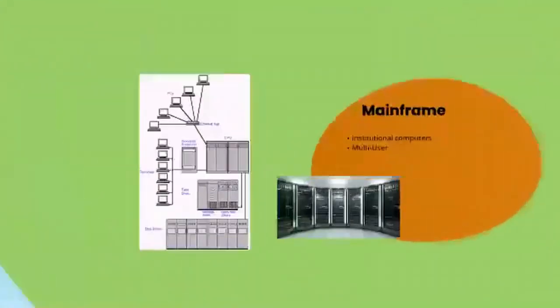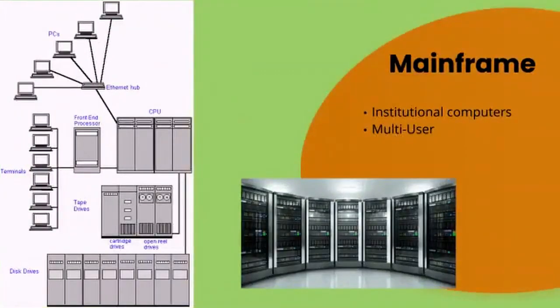Next, let's take a quick look at a mainframe. A mainframe is the traditional large institutional computer intended to serve multiple users from the smaller single user machines. Okay, these are going to be the computers capable of handling and processing very large amounts of data very, very quickly.